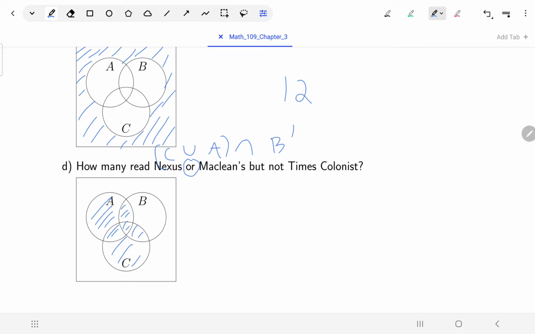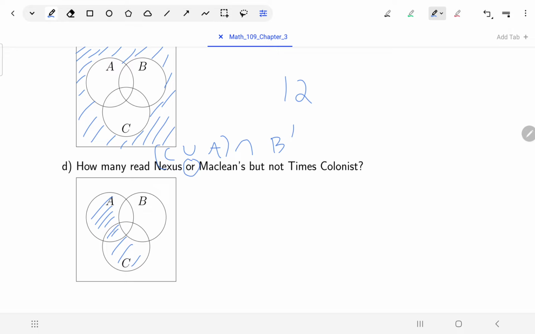But of course, I don't want to include any part of the Venn diagram that is Times Colonist readers. So I'm going to make sure that I don't include that region, nor the very center, nor this part over here, because those parts are all inside of B. So what I have left, I have people who only read Nexus. They don't read the Times Colonist. They only read Maclean's. They don't read Nexus or Times Colonist.